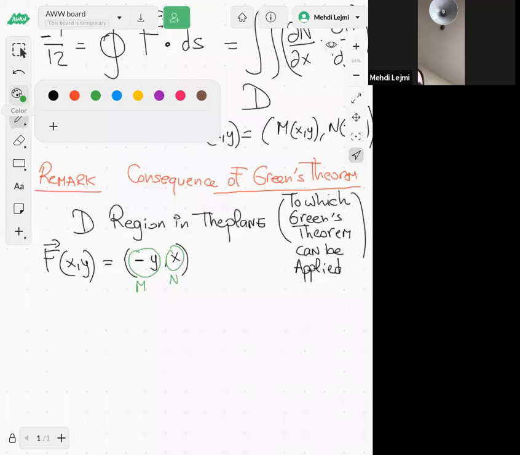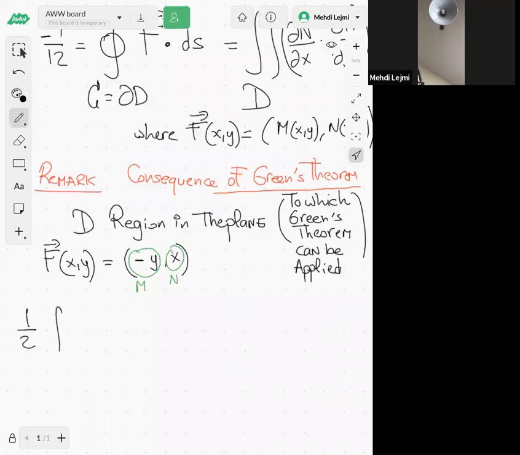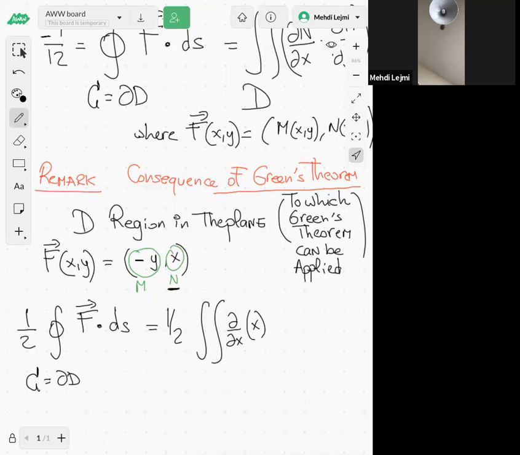If you take half of the vector line integral of this force field F, minus y, x, that would be equal to half the derivative of n, with respect to x, of x, minus the derivative with respect to y of m, but m is minus y, dx dy.